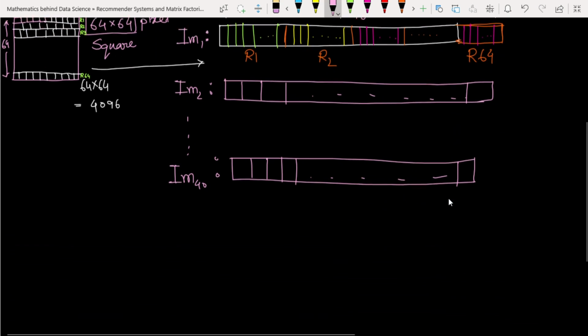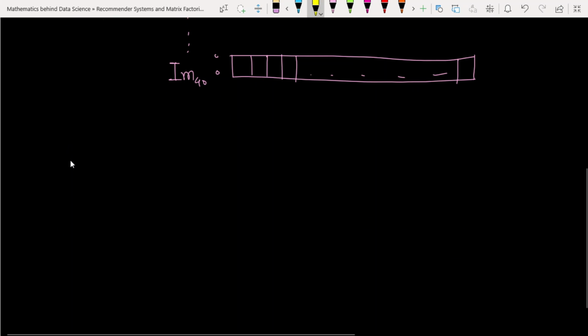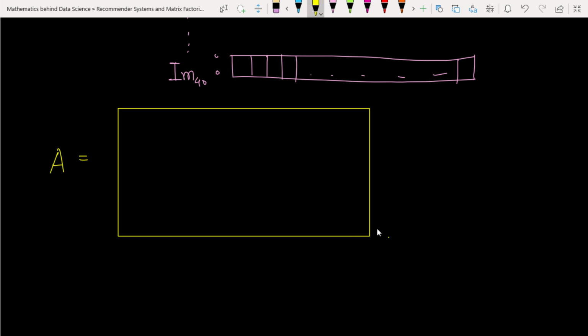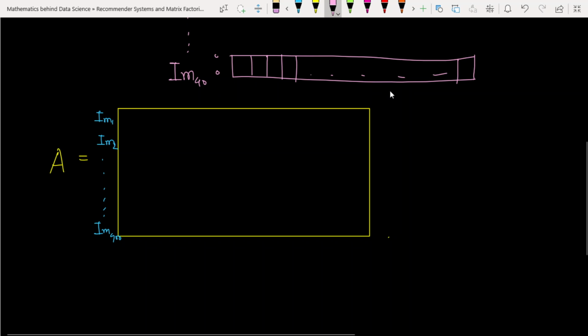Now the question is how to construct the vector, how to construct the matrix. The matrix that we have to construct looks like this. Each row is responsible for an image, here we have taken only 400 images, and each column is responsible for a pixel of each image.